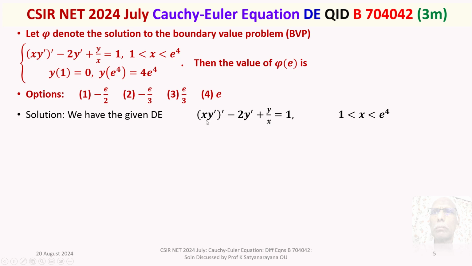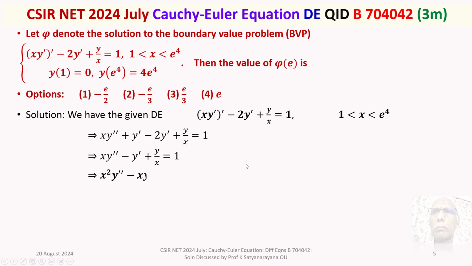Now differentiate x y' with respect to x. So it will be x y'' plus derivative of x, which is 1, into y', minus 2y' plus y by x is equal to 1. Simplifying, we get x y'' minus y' plus y by x is equal to 1.